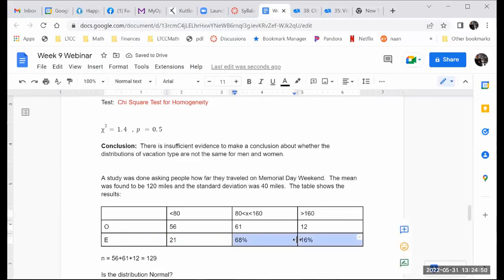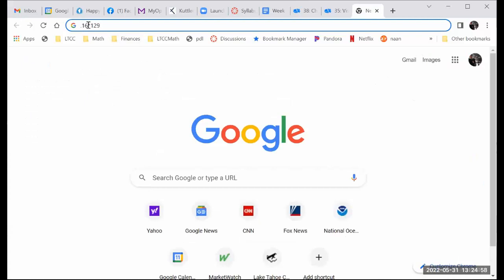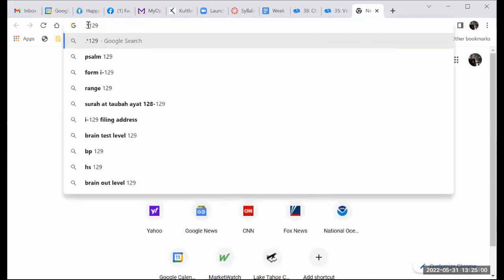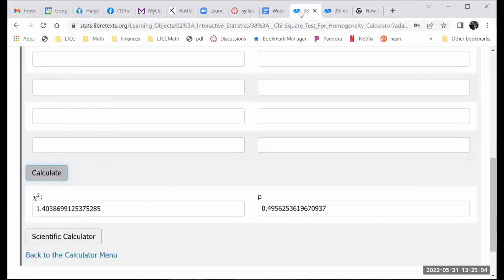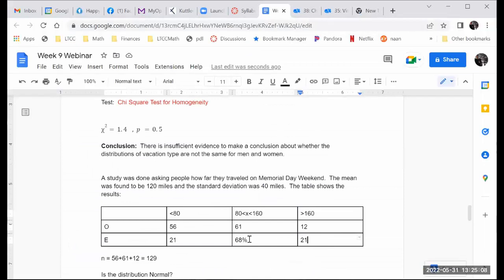And 21 greater than 160 for the same reason. And 68% we're supposed to be in between. And that was 88. Any questions at all on how I got the expecteds?